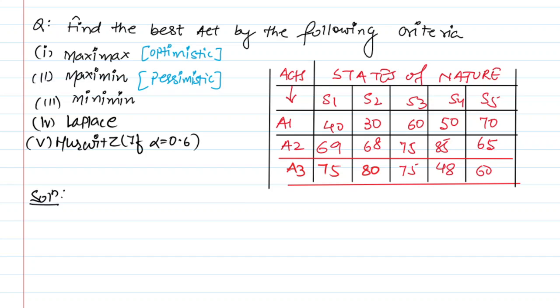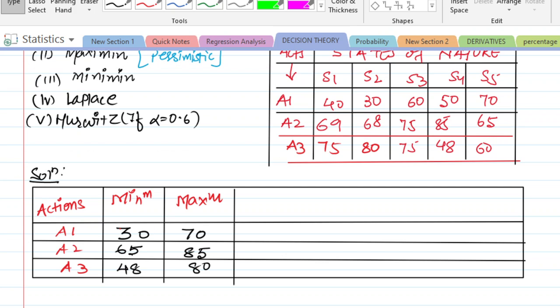I'm going to take a very simple approach which is understandable, not lengthy, a shortcut. Let's see. We are going to identify the minimum and maximum value for every course of action, that is for A1, A2, A3.